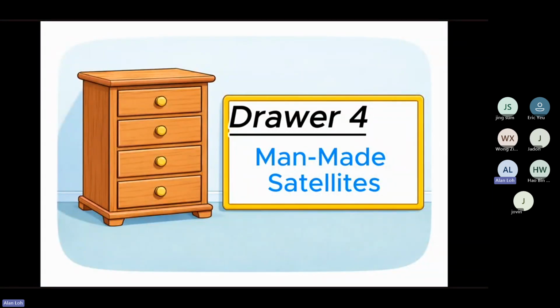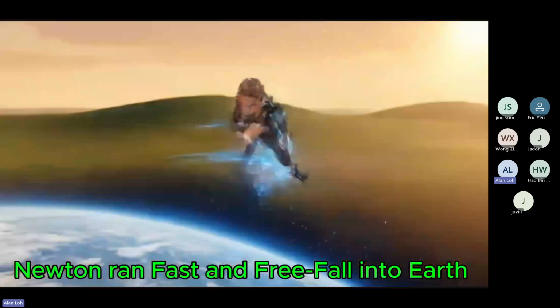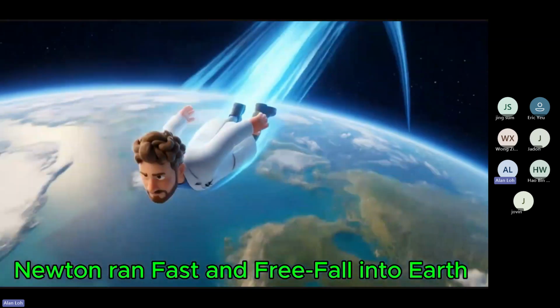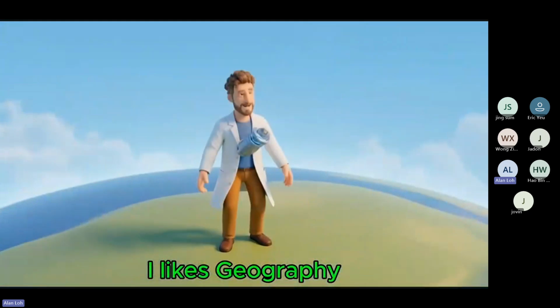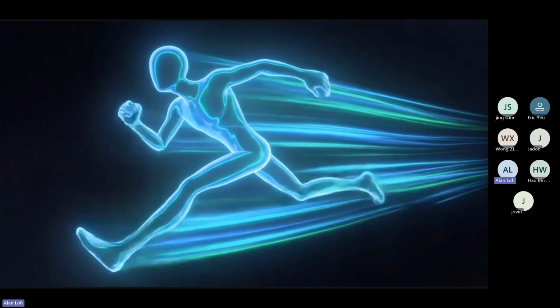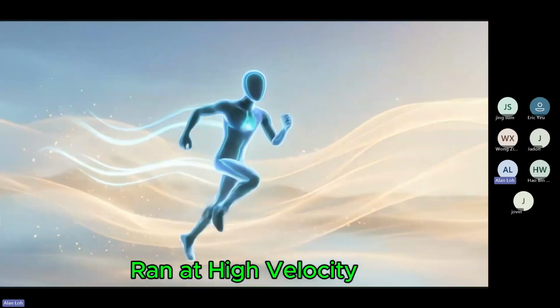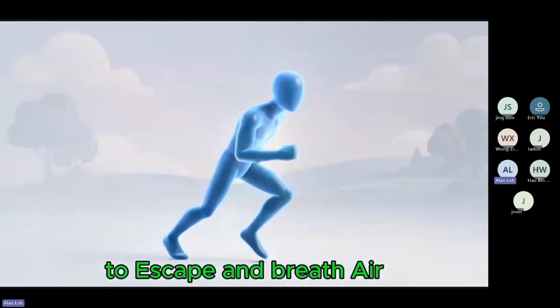Draw 4. Man-made satellites. Newton ran fast and free fall into Earth. I like geography. Draw 5. Escape velocity. Ran at high velocity to escape and breathe air.